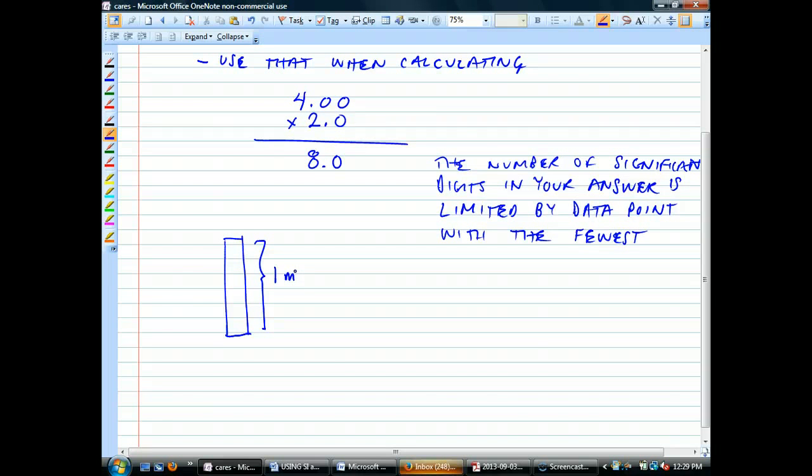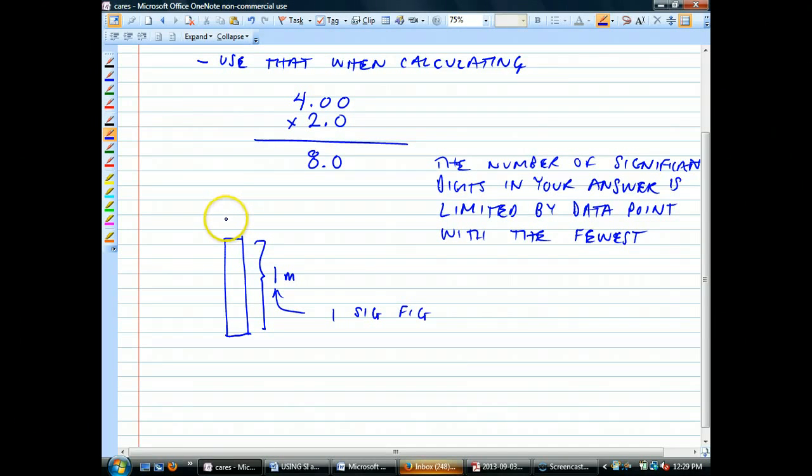When I measure the length, I use a stick that's 1 meter long, and maybe it doesn't have any divisions like centimeters or millimeters on it. So I just say, oh, it's roughly 1 meter long. So that would be 1 sig fig. That means that that's uncertain. So we're uncertain at the 1 meter level.